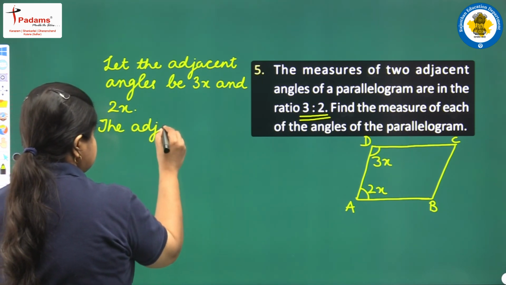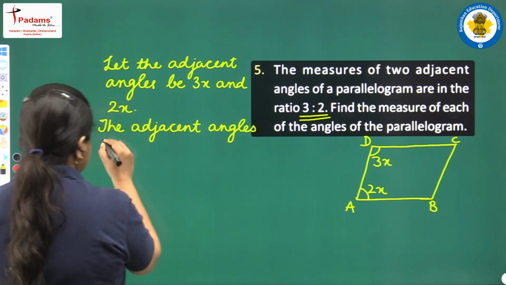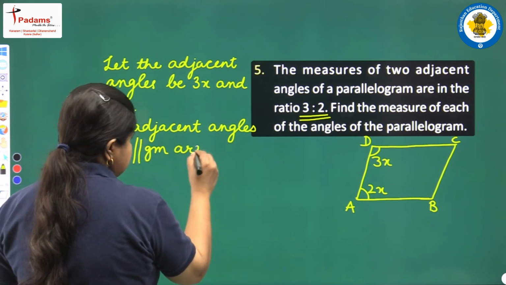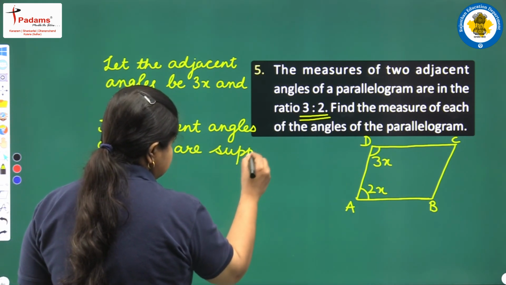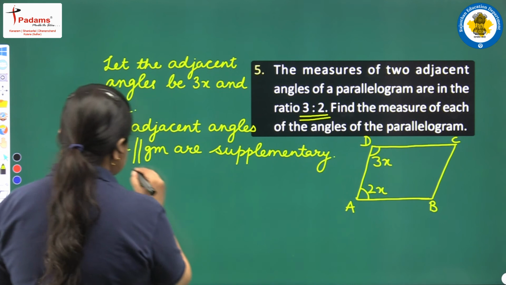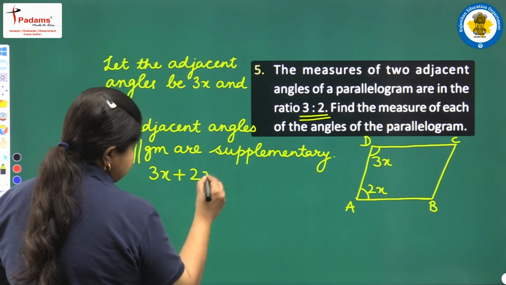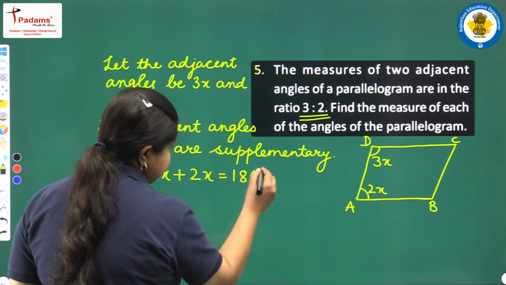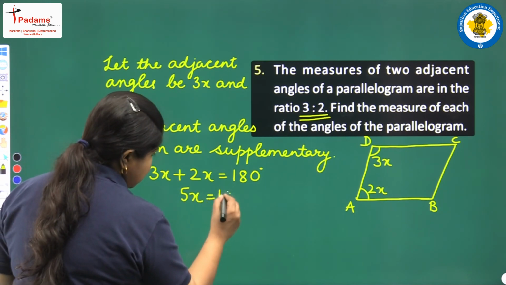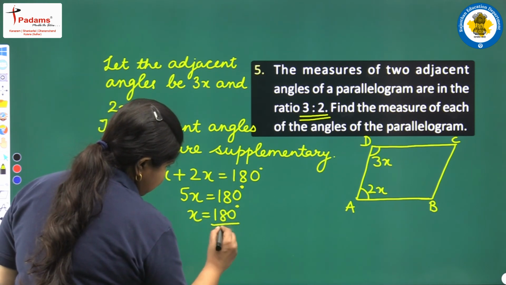The adjacent angles of a parallelogram are supplementary. This means that 3x plus 2x, their sum will be equal to 180 degree. Now 3x plus 2x is equal to 5x equal to 180 degree. This gives us x equal to 180 degree upon 5.